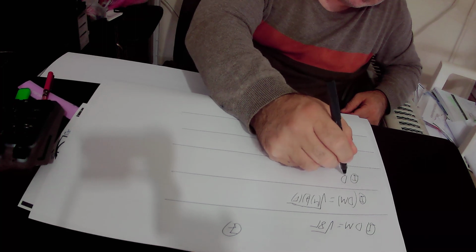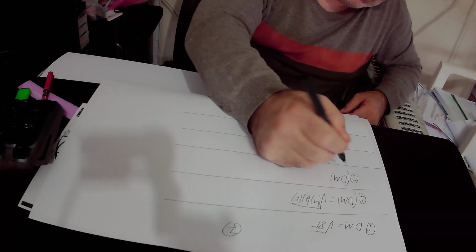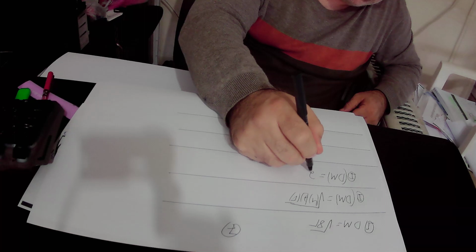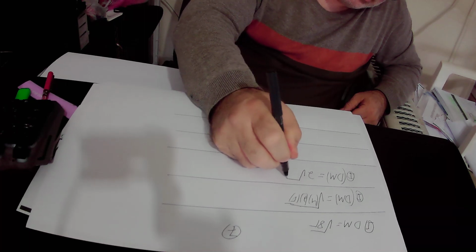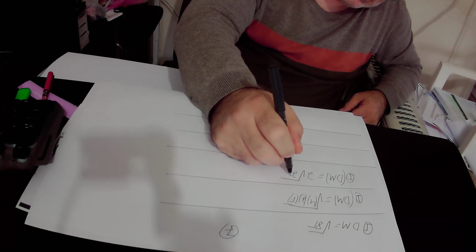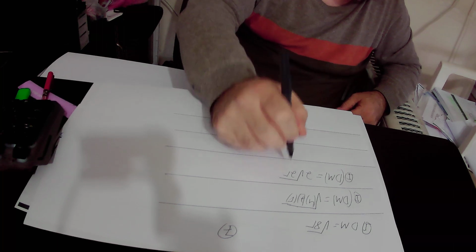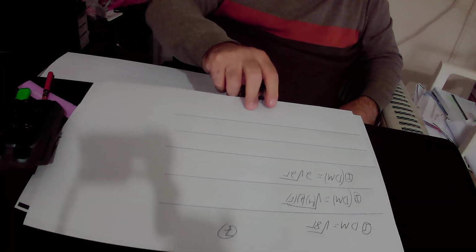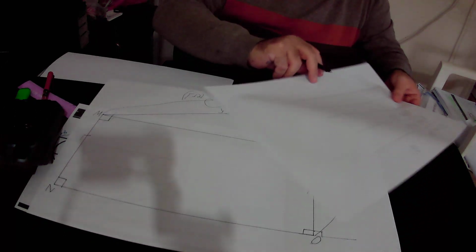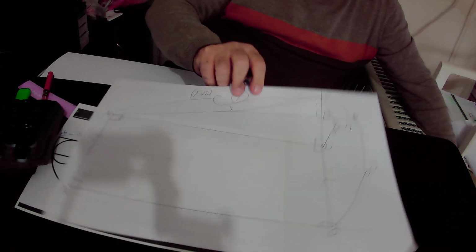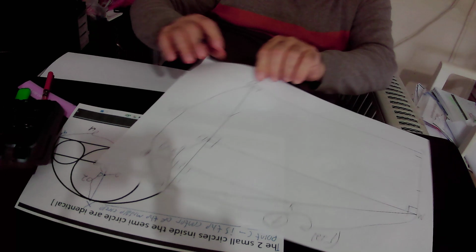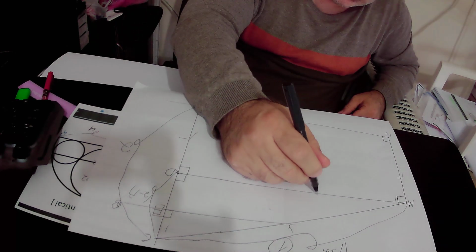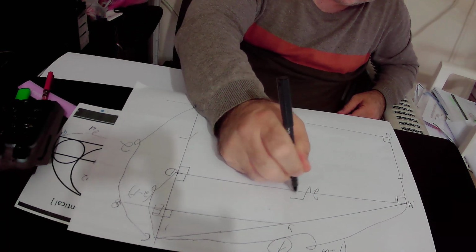We will get that DM equals 2 times square root of 2R. So we can write here that DM or MD is the same, equals 2 times square root of 2R.